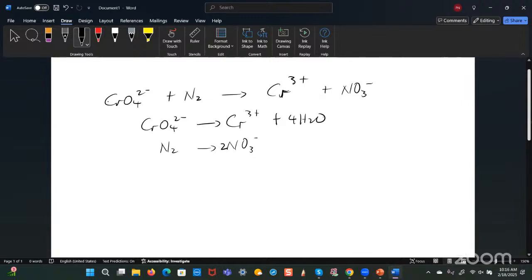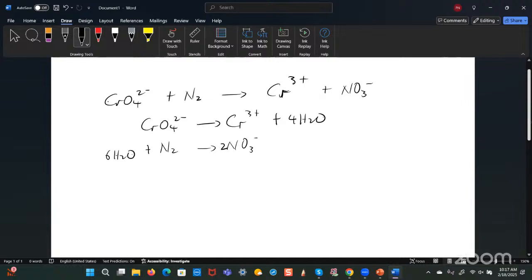How do we balance the oxygen in that equation? We have no oxygens on the left, and we have 6 oxygens, 2 times 3, 6 oxygens on the right. So how would you balance the oxygens in that case? 6 water molecules on the left side, right?